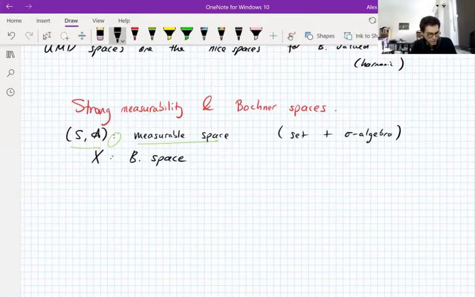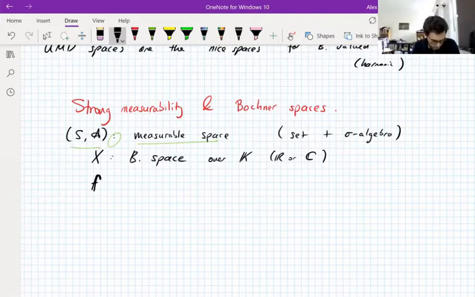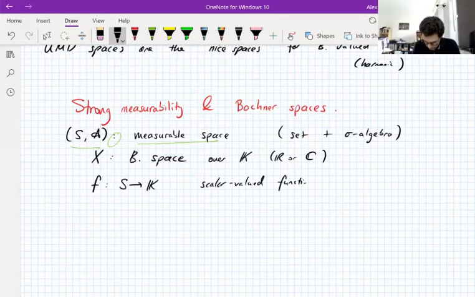So we have a measurable space and a Banach space over a scalar field, which I'm going to call K because K is either R or C. And I think I've said that enough now. You're familiar with what K is. And let's look at a scalar-valued function. Let's consider a scalar valued function, and let's consider a vector, bold x.